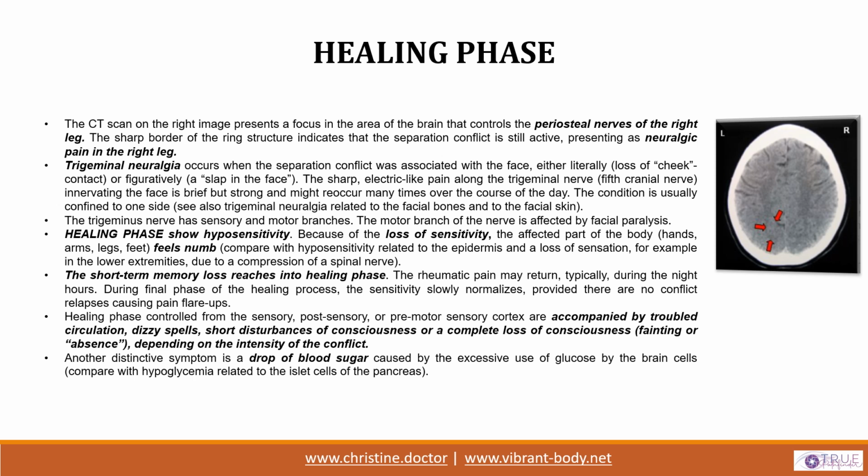Trigeminal neuralgia occurs when the separation conflict was associated with the face, either literally, so a loss of cheek, or figuratively, so a slap in the face. The sharp, electric-like pain along the trigeminal nerve, which is the fifth cranial nerve innervating the face, is brief but strong and might reoccur many times over the course of the day.